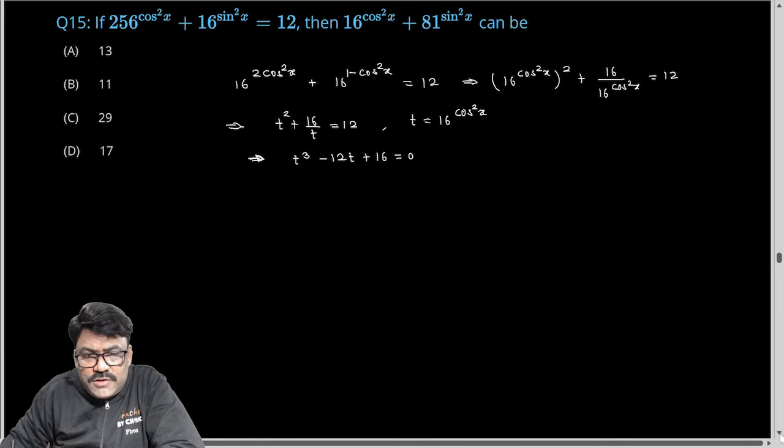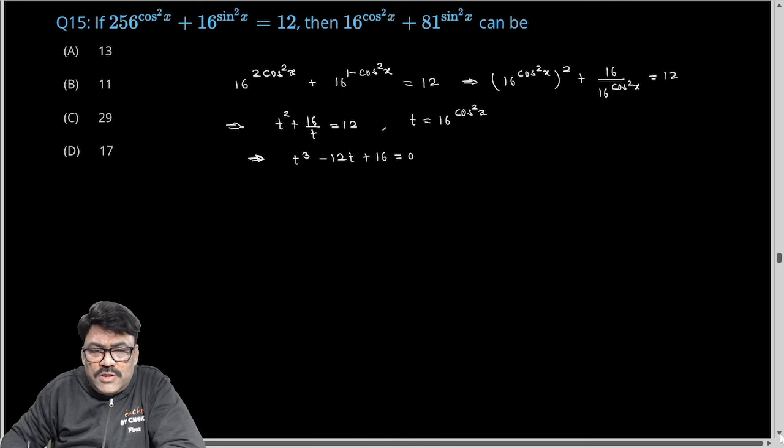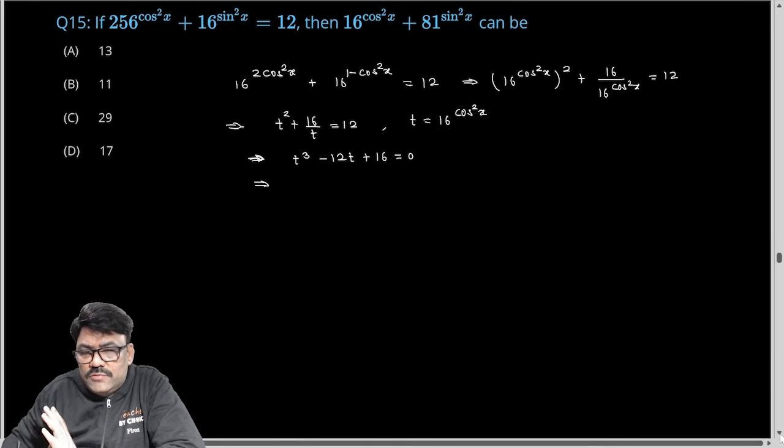Let's get a root by hit and trial. So t is equal to 2. Yes, t is equal to 2 satisfies. So I know that one factor will be t minus 2 as t is equal to 2 satisfies. So since t is equal to 2 is a root, t minus 2 will be a factor.